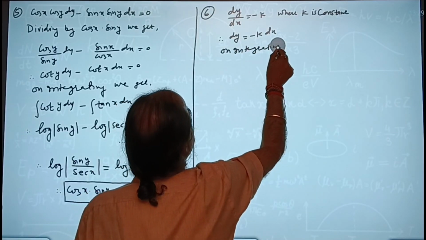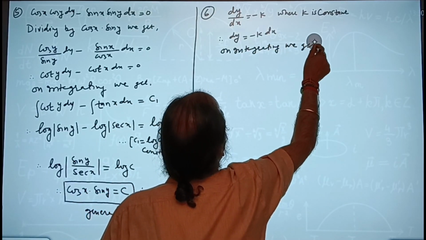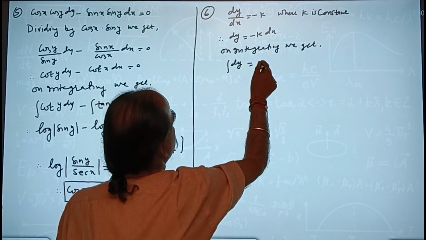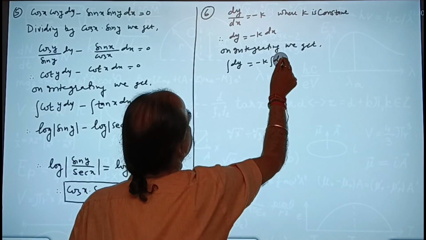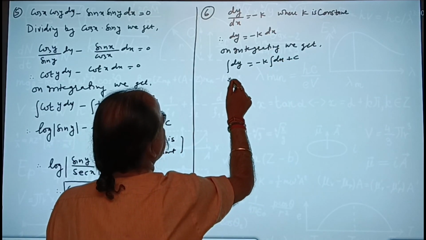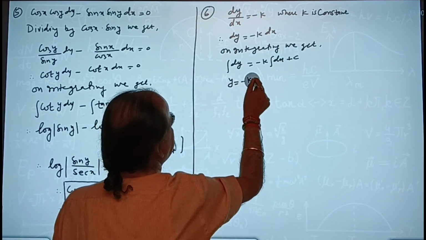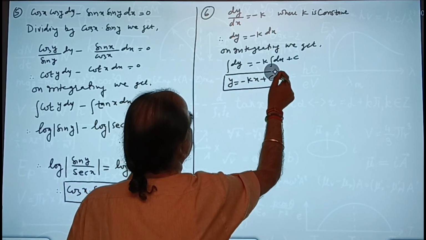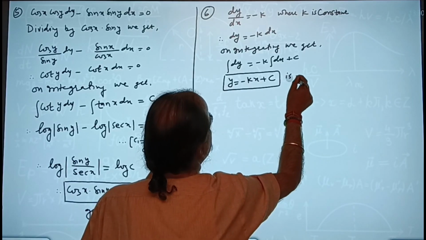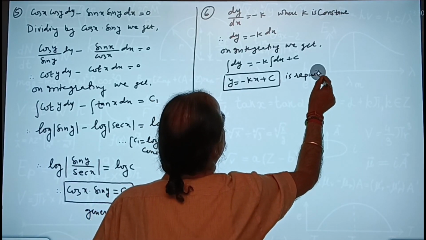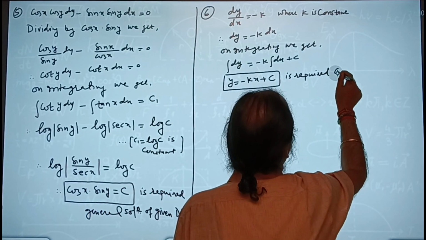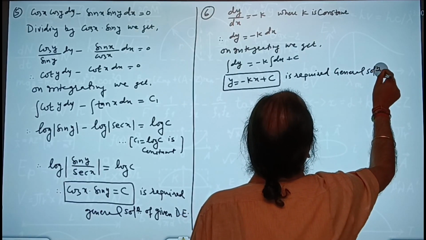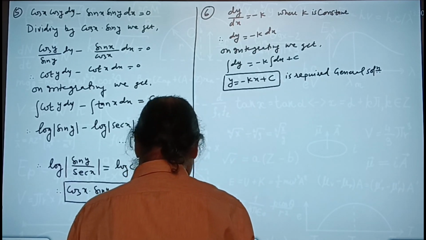On integrating we get integral dy is equal to minus k integral dx plus c. So y is equal to minus kx plus c. This is the required general solution of the given differential equation.